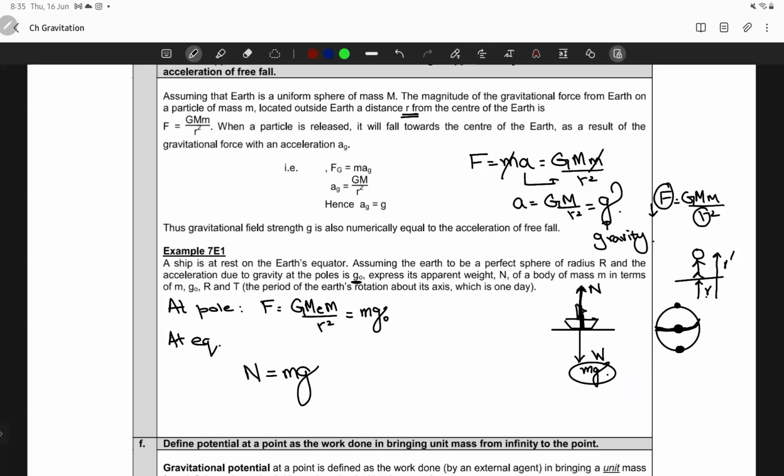But remember, we are talking about gravity, and gravity is something that is keeping things in orbit around the Earth. The Earth is spherical, so it's something like a circle, but in 3 dimensions, right? That's a sphere. So something is keeping this ship in circular motion. That force is the centripetal force, right?